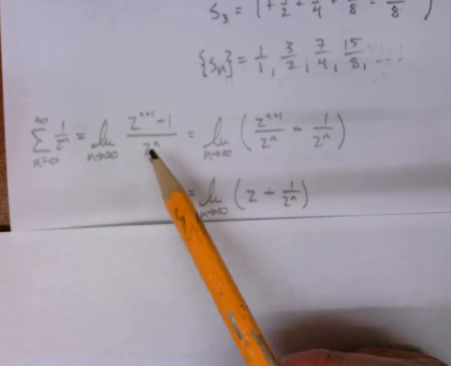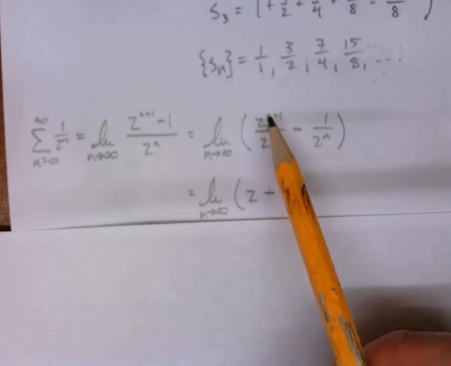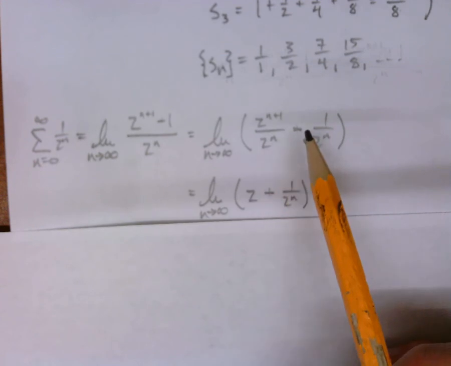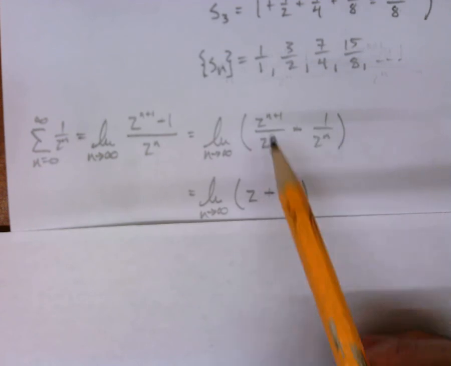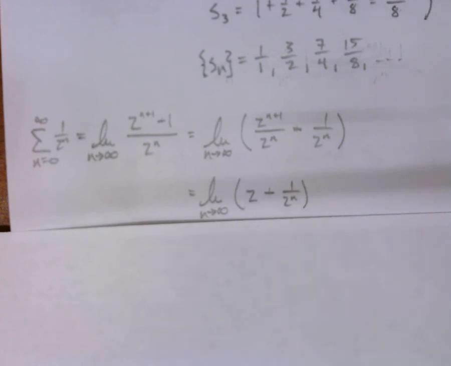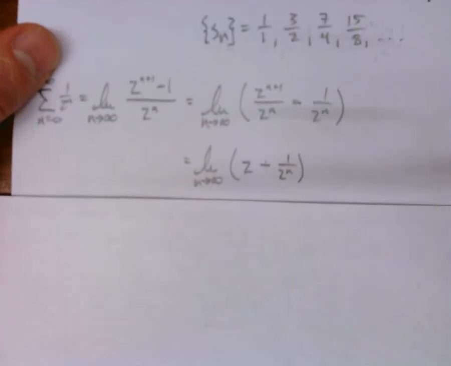Okay. So I've got the limit of my nth partial sum as n goes to infinity. And then the tricky part here is recognizing that I should split that fraction like so: 2 to the n plus 1 over 2 to the n, minus 1 over 2 to the n. These cancel very nicely down to 2, and I'm subtracting my 1 over 2 to the n. If I take the limit as n goes to infinity, well, 2 minus 0, right?